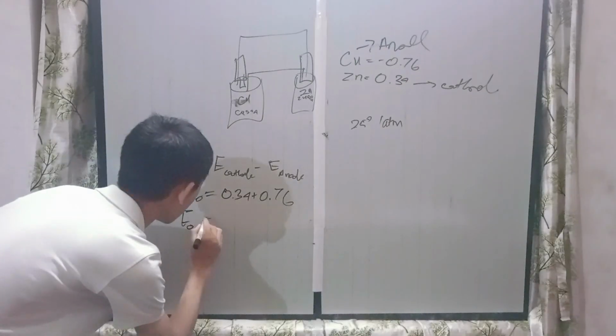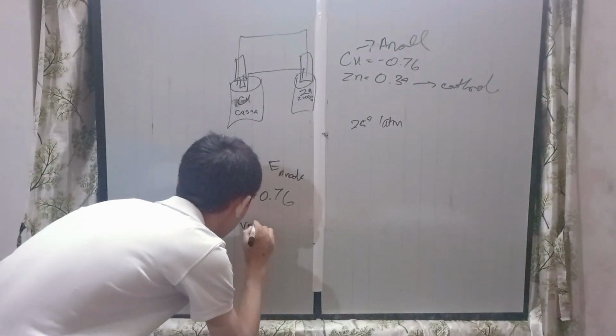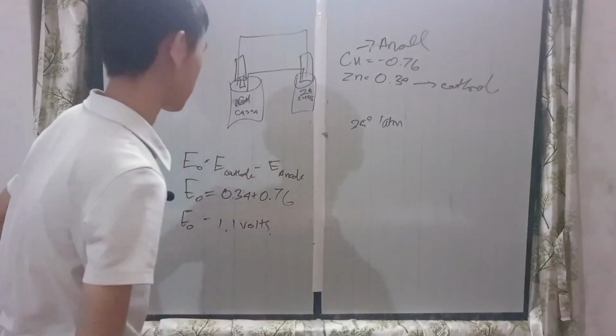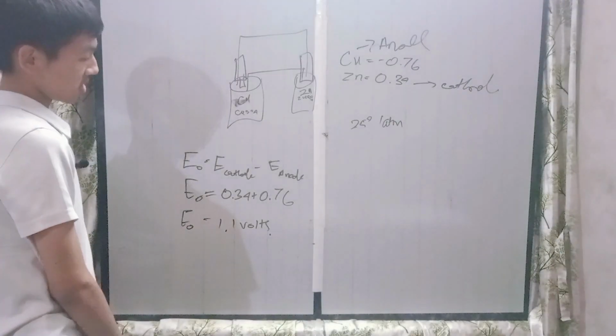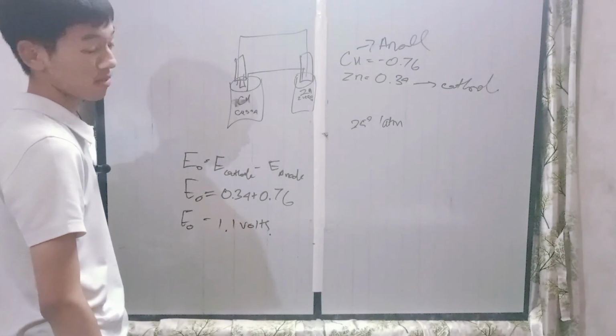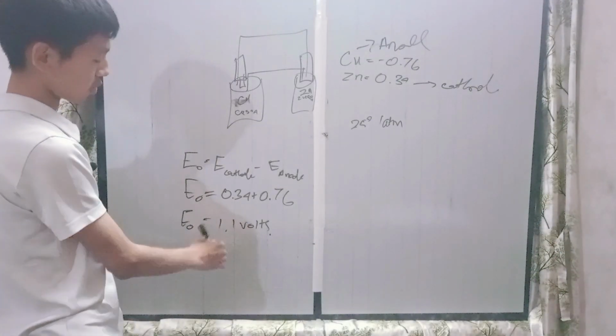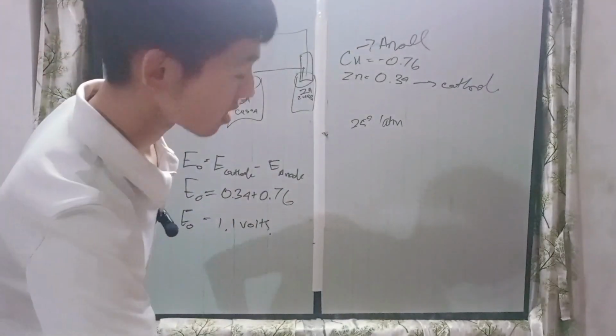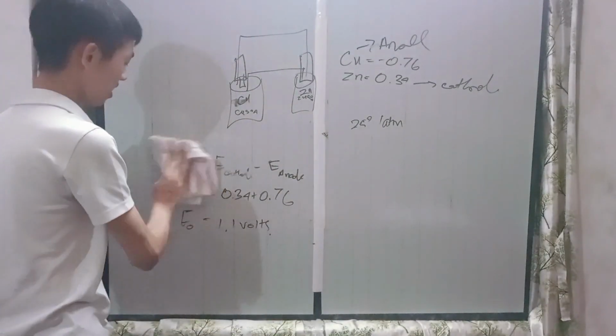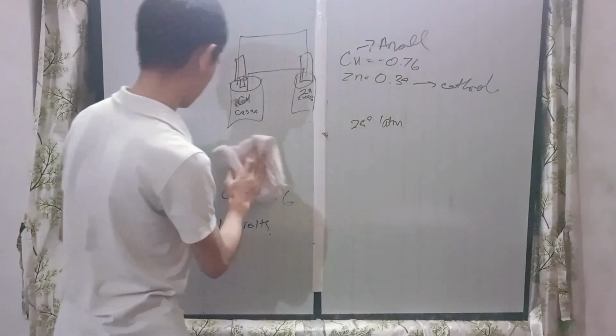E naught is equal to 1.1 volts. The total EMF of the galvanic cell is 1.1 volts. This is simple. Now this is under standard conditions.